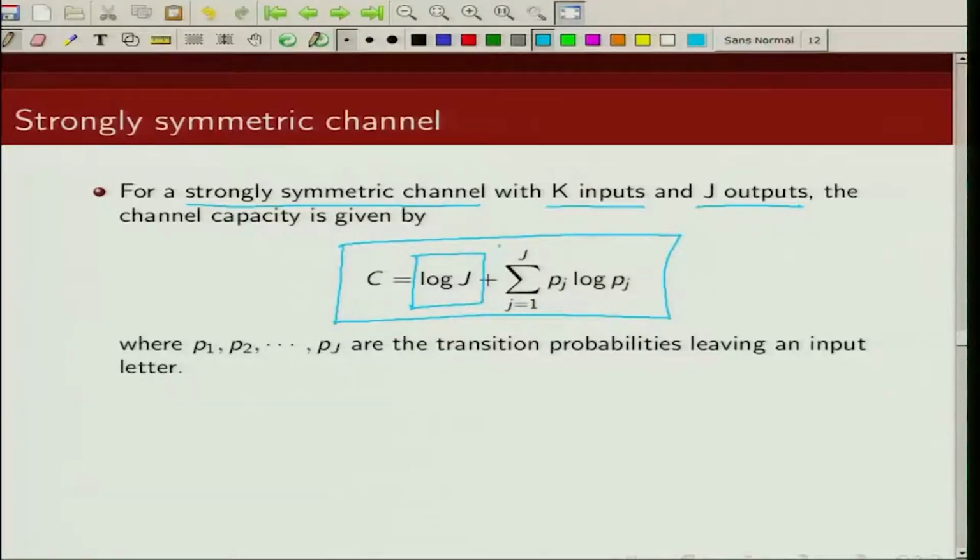And for a uniformly dispersive channel, we know that irrespective of the input distribution, h of y given x is given by minus of this quantity. So, we know exactly the expression for capacity of a strongly symmetric channel.